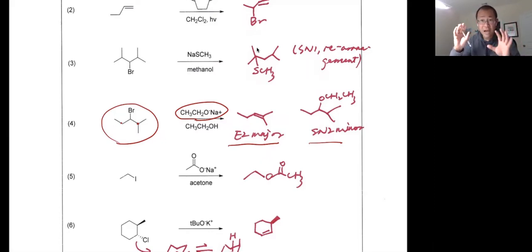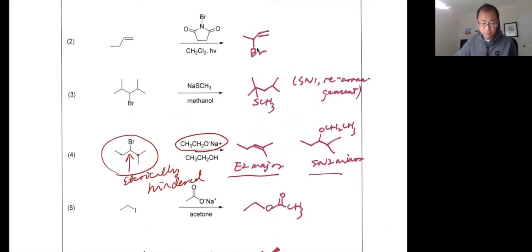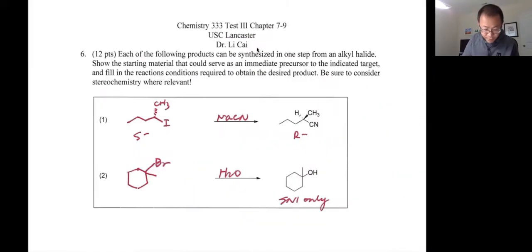Secondary, both could happen, but in this secondary, there's a beta branch, meaning this carbon is actually very hard to approach. Sterically hindered. All right, any questions? Let me see if I have more.